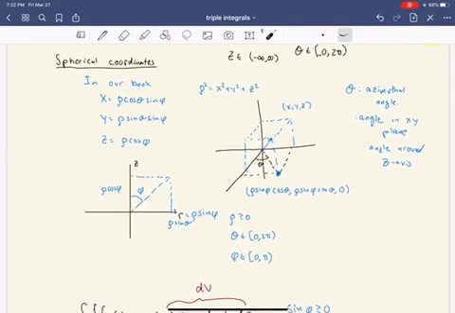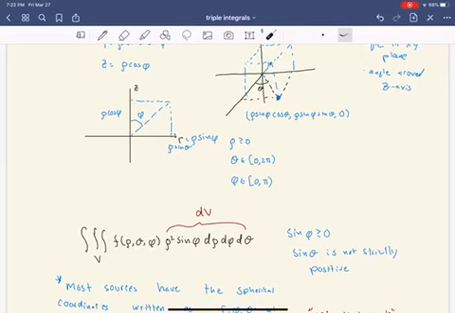Okay? The volume element of the integral, a little bit of a complicated expression, but not really. Rho squared, okay, rho squared, sine phi, and then the d rho d phi d theta. Okay, so one of the things to keep in mind is that the sine phi, the way I remember that it's sine of phi and not sine of theta, is that since phi is from 0 to pi, sine of phi has to be greater than or equal to 0.